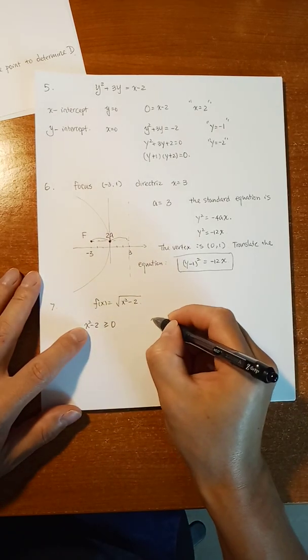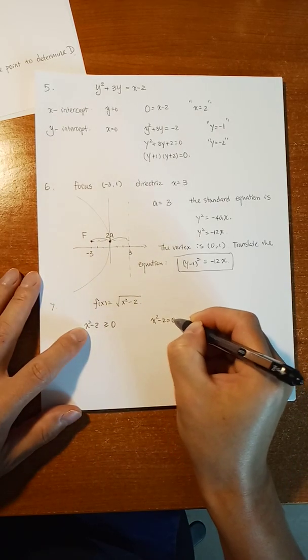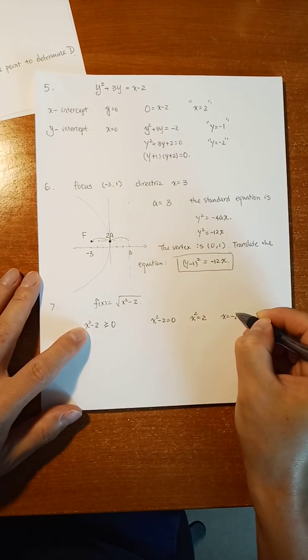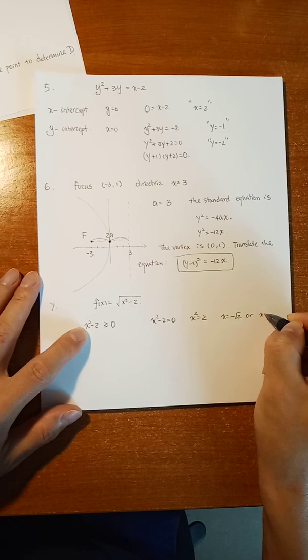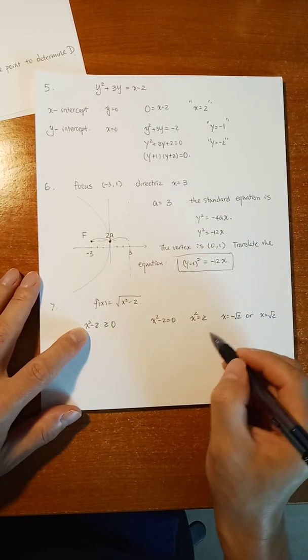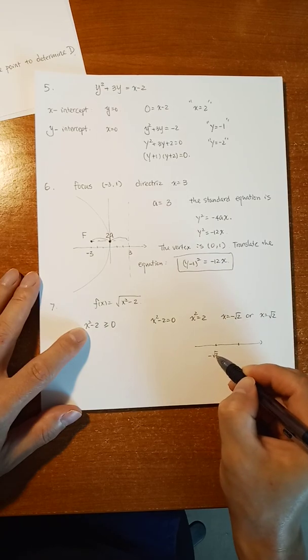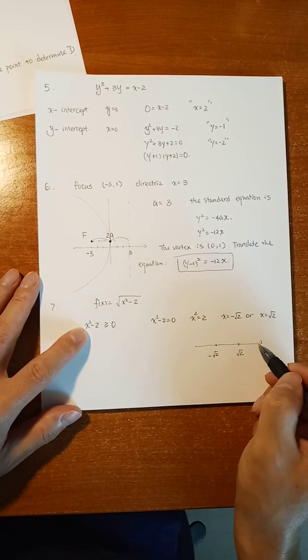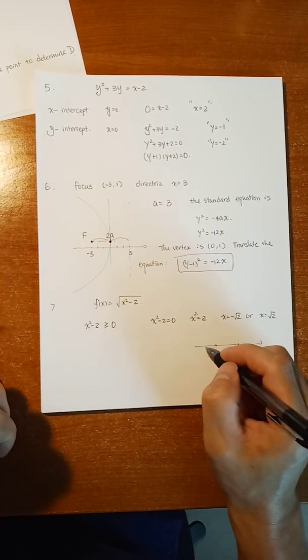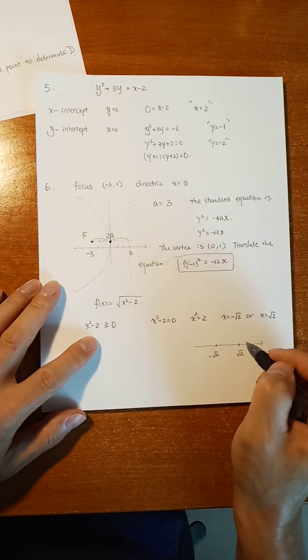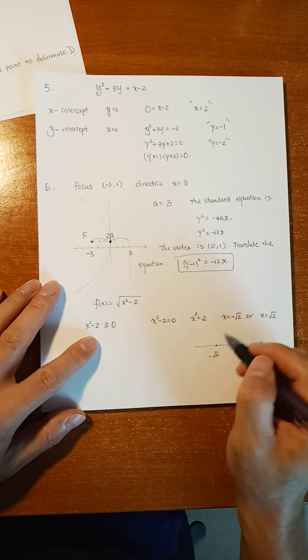So first you find the solution: x is negative square root of 2 or x is square root of 2. So you draw the number line, you label negative square root of 2 and positive square root of 2. You have 3 intervals. You're going to pick a test point to see over each interval what value is positive, what value is negative.